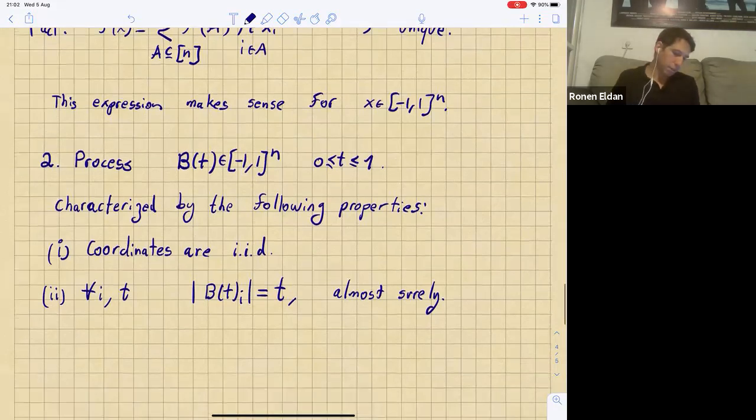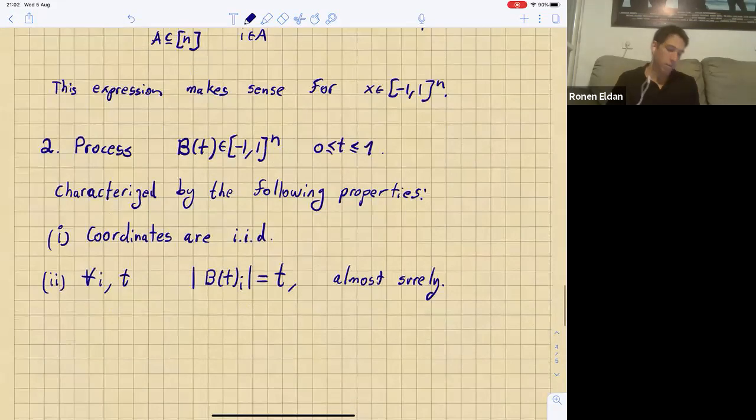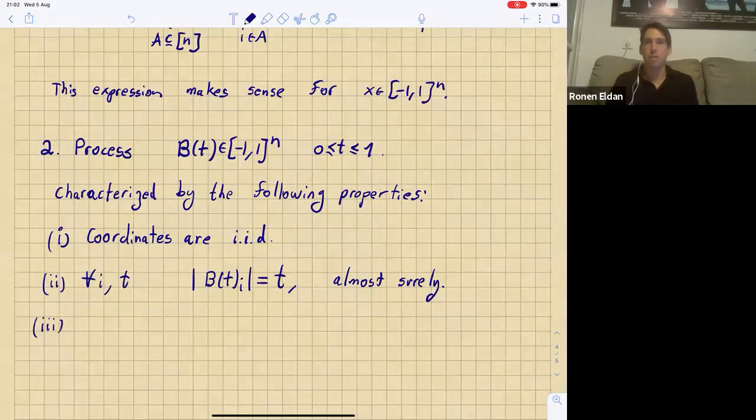And the third property, which is going to be enough to give us a unique characterization of this process, is that B_i of t is a martingale.